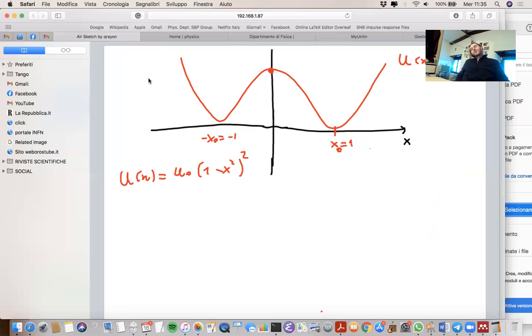However, let's suppose we are only interested in the lowest states of this problem. In particular, we are interested in the lowest two states of this system.